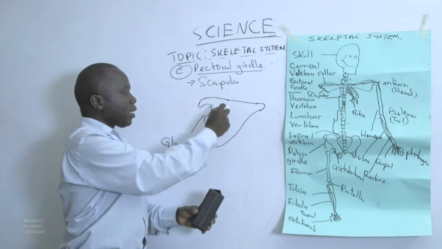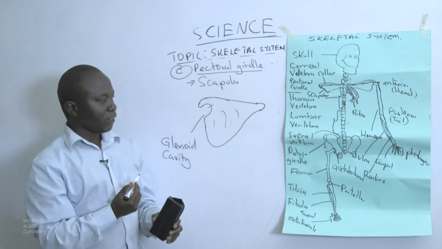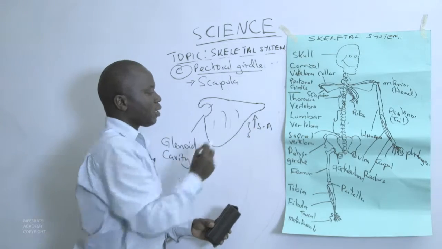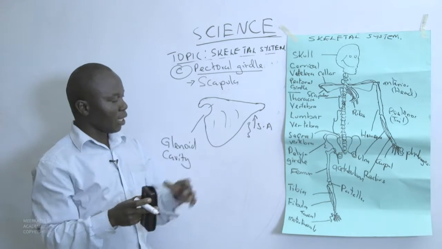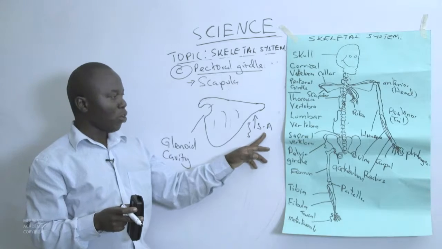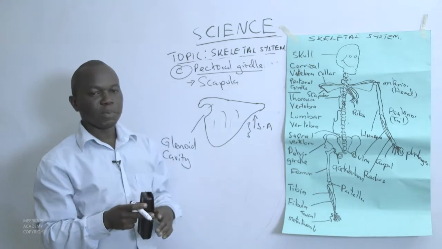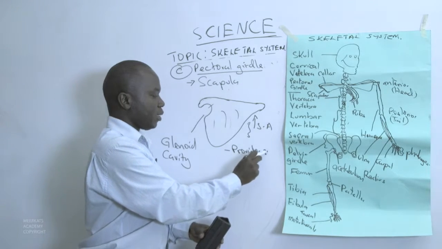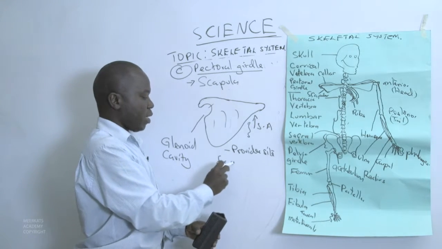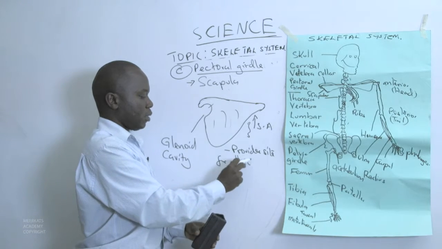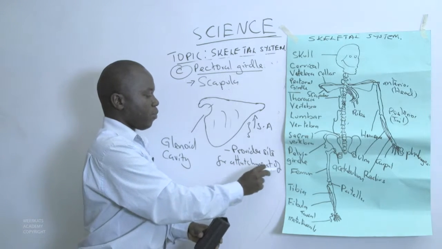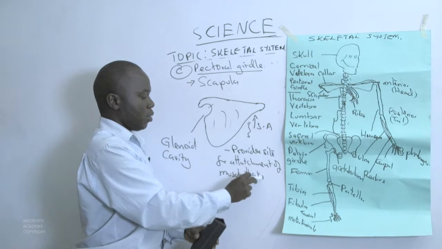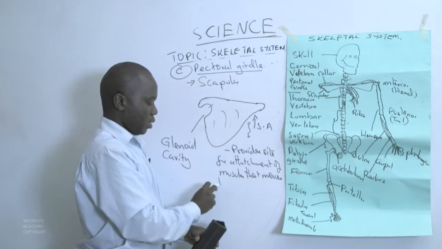So it's almost triangular in shape, and it has a cavity at that point, the glenoid cavity. And then you can see it has a very large surface area. The reason it has a large surface area is to increase the area for attachment of muscles that move the arm. So it provides a site for attachment of muscles that move the arm.